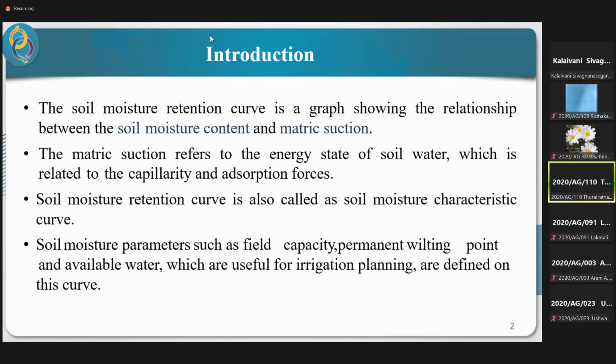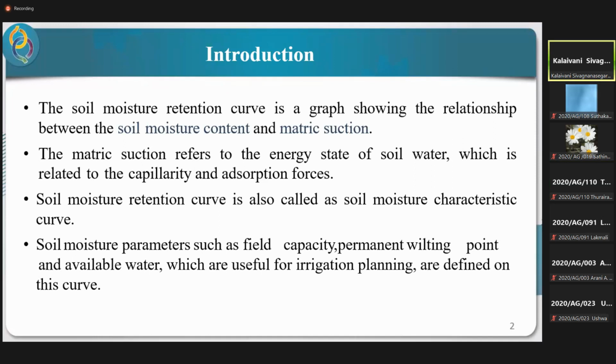Crops need water. The availability of water in the soil, for the crop to get the water. Okay, so we need to know the soil moisture. You have to know the water that is available to the crop, right?